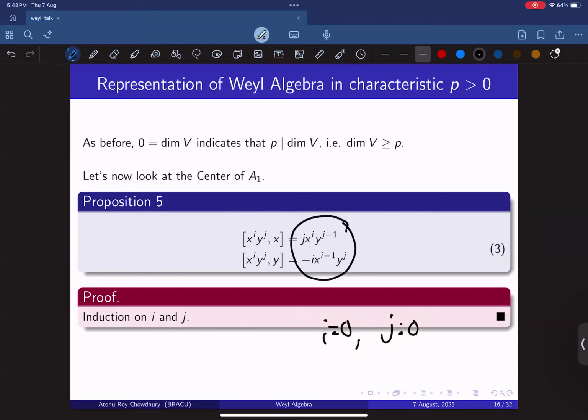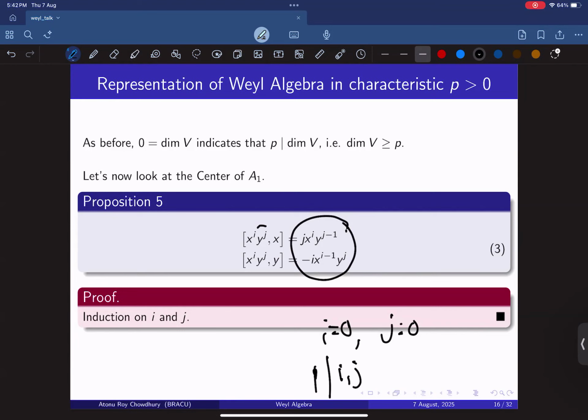And we have another way, if i is equal to p, because we are in a field of characteristic p, and p is 0 now. So if i and j are both divisible by p, then this term, x^i y^j, commutes with both x and y. That means this term is going to be in the center of the Weyl algebra, right?